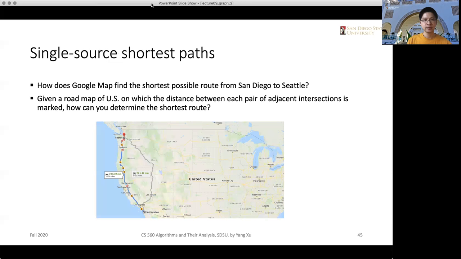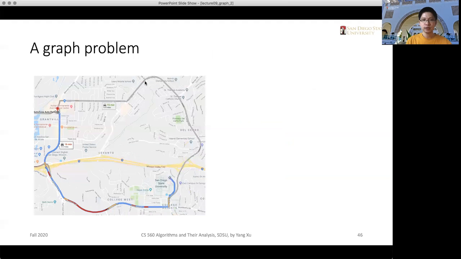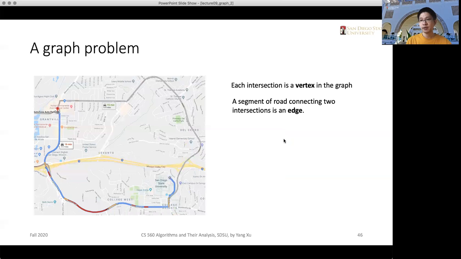The single source shortest path problem, as I mentioned, is very commonly encountered in our daily life. The destinations and the different locations can be represented by the vertices in the graph, and a segment of road connecting two intersections is an edge.